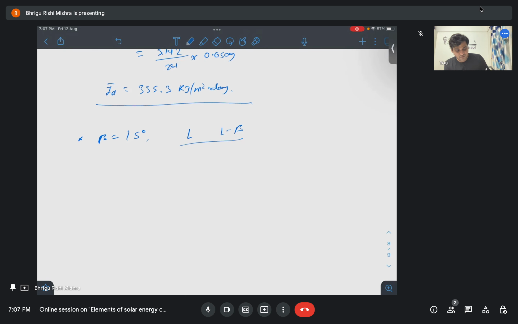So you can do this calculation again for this tilted angle, and make sure you are doing the correct thing, because there are a lot of numerical steps involved, so you need to be very careful with the units. Somewhere you need to use angle in radian and somewhere in degree, so be consistent.